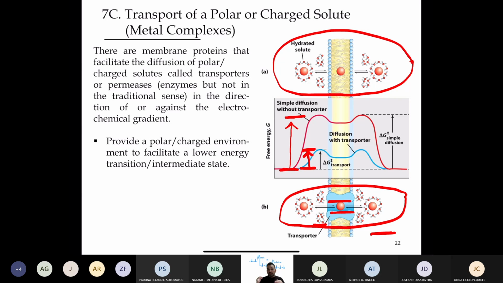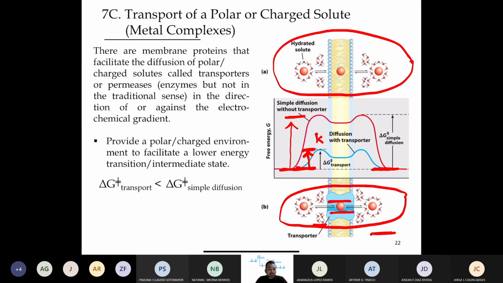And because you have effectively reduced that energy barrier, what is going to happen? Well, you're essentially going to speed up the process. You're increasing the rate constant, K. And as depicted in this reaction coordinate, you're going to end off at an energy level that's equal to the start, because you're not actually transforming the solute, you're simply facilitating its movement from one side to the other through that given membrane.